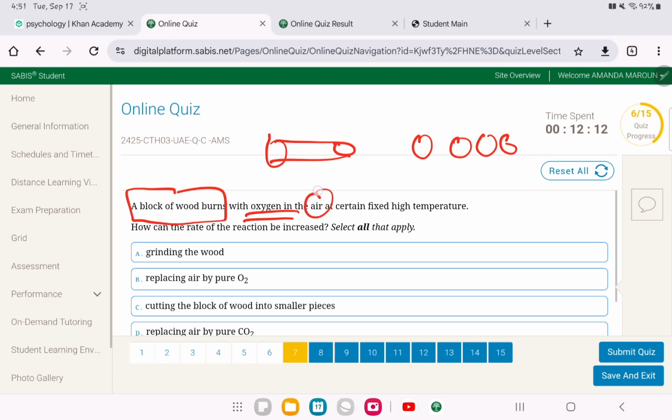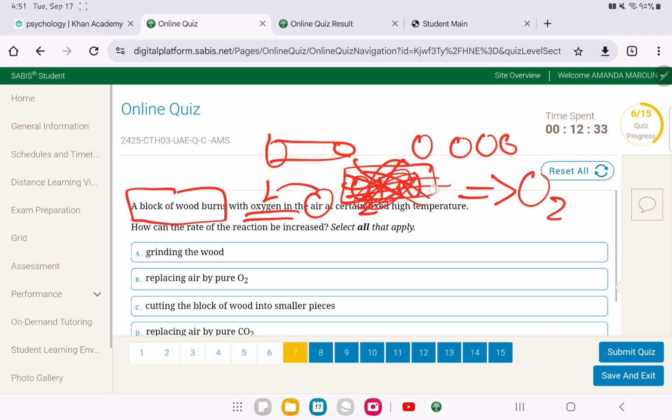Another thing, air is not only oxygen, it's oxygen plus nitrogen plus sometimes CO2. But for now, we're going to take it as oxygen and nitrogen, O2 and N2. So how do we make it burn more? If we replace the air, we replace oxygen and nitrogen by oxygen fully.